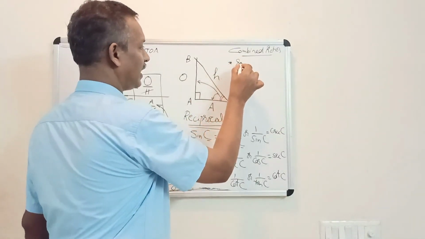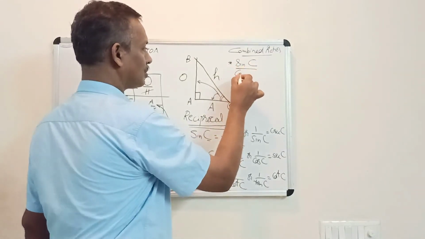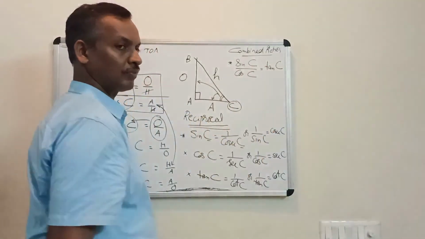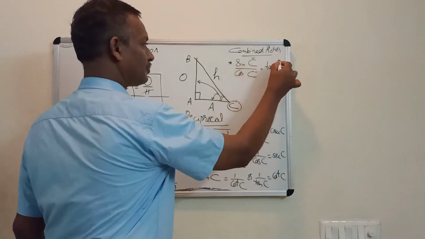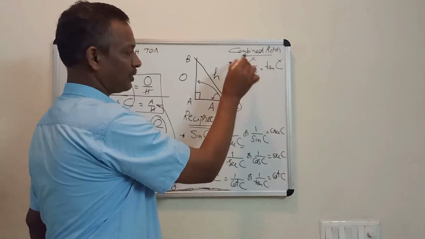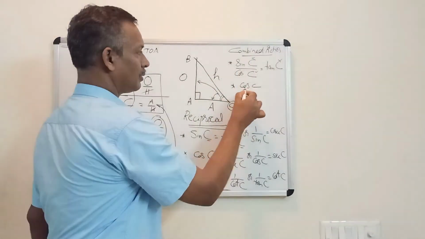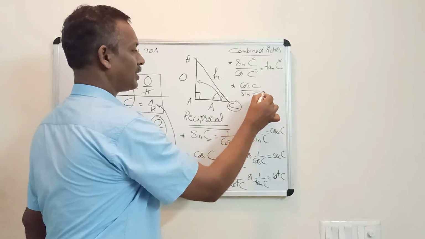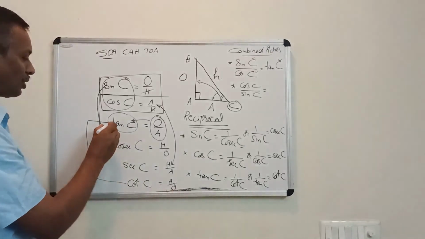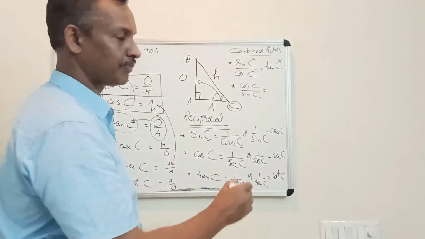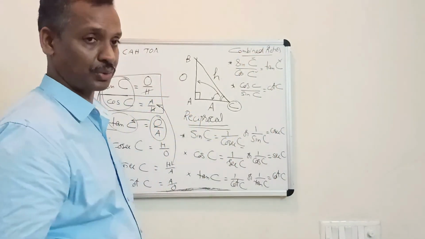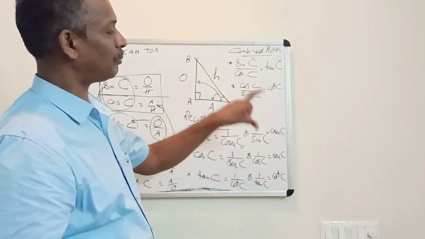This is sine C by cos C is equal to tan C. The angle should be the same in every case. If it is A, in all places it will be A. And if you take the reciprocal of this, cos C by sin C, then tan also will get reciprocal. You know what is the reciprocal of tan? It will be cot C. So this is a combined ratio. So these relations we should know: the reciprocal relations and combined ratios.